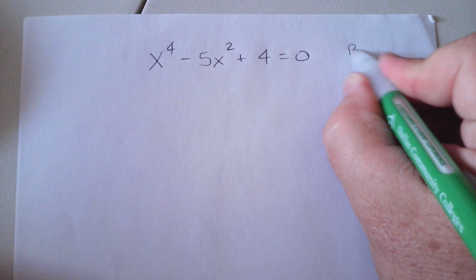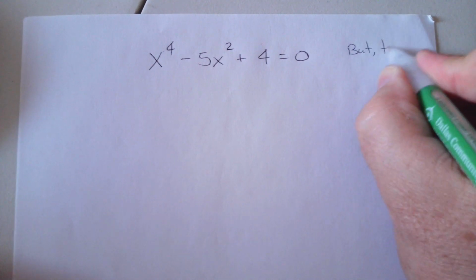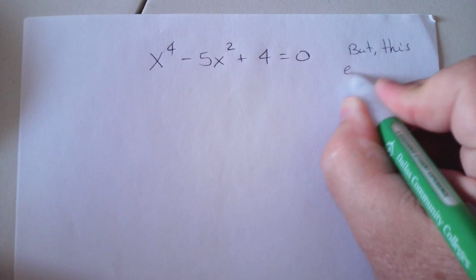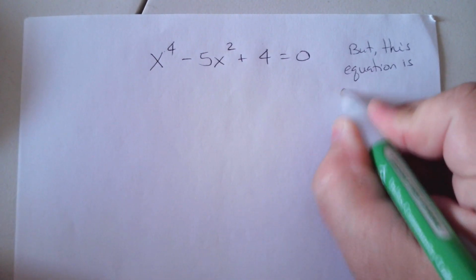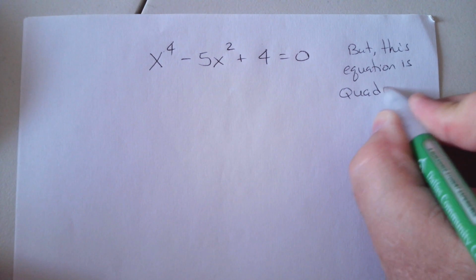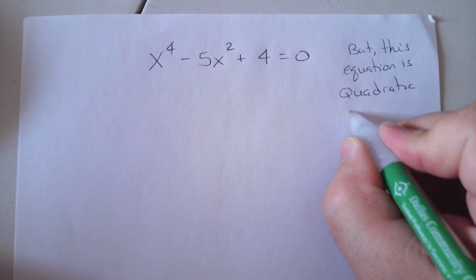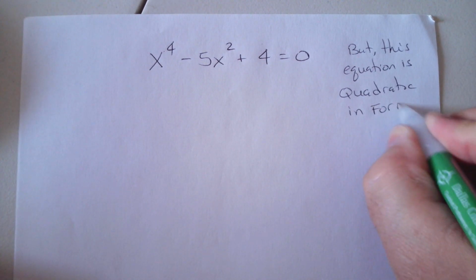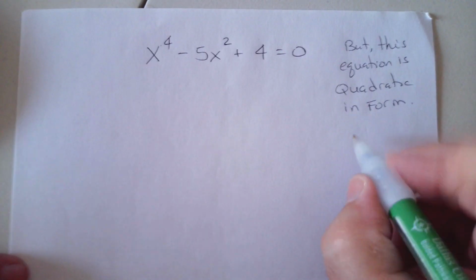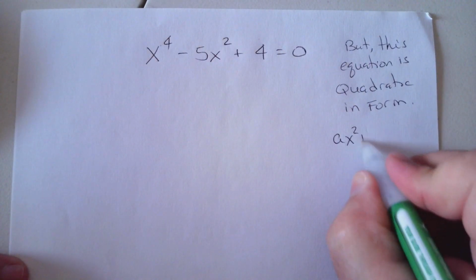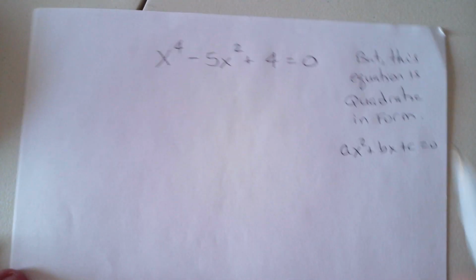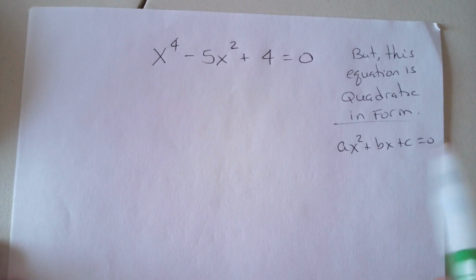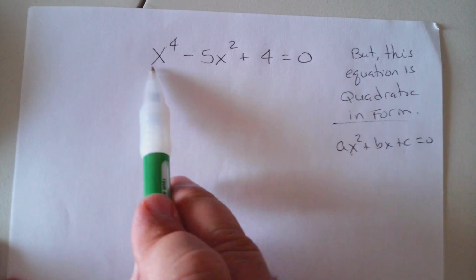But this equation is what's called quadratic in form. ax squared plus bx plus c equals 0. Quadratic in form. What does that mean? 3 terms. Check.